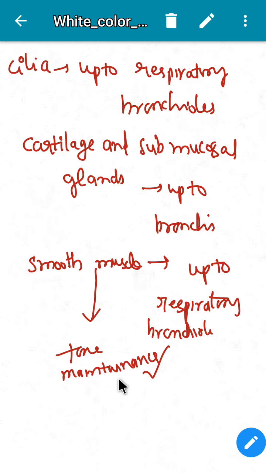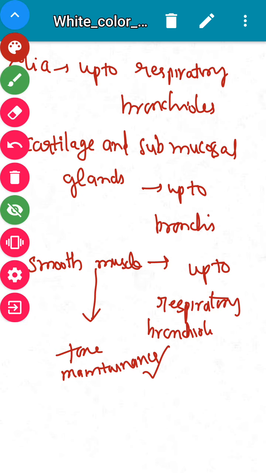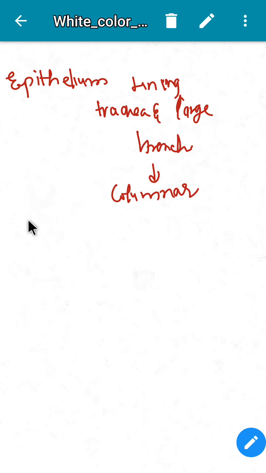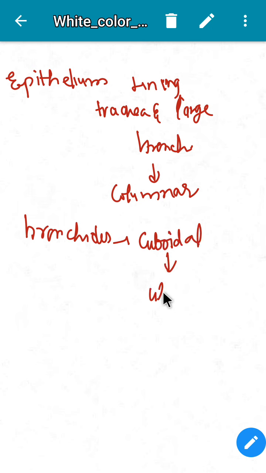Next, moving to the epithelium. The epithelium lining the trachea and large bronchi is columnar. The epithelium lining the bronchioles is cuboidal and ciliated.